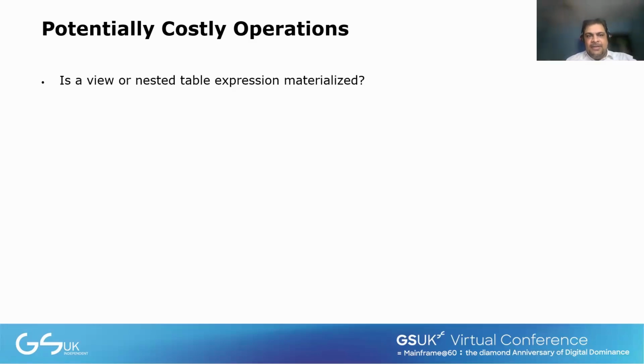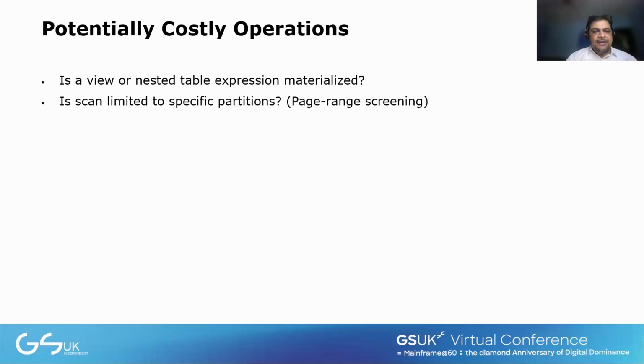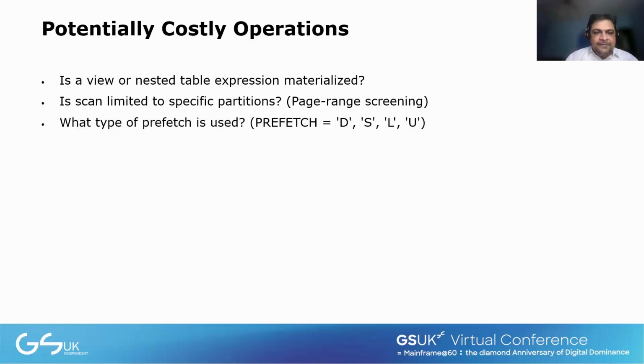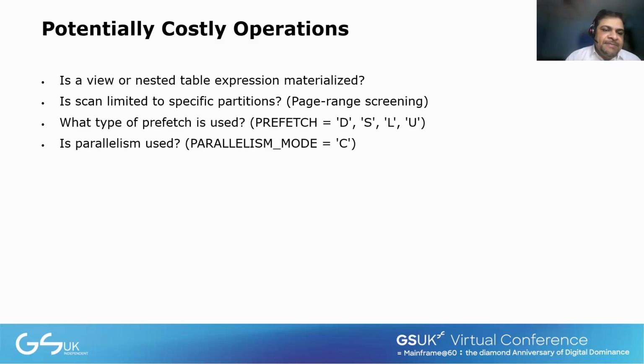It is an extra overhead, so not so good. How is the scan happening? Is it on the whole table space, or on specific partitions? That makes a difference to the cost. What type of prefetch is used: dynamic, sequential, list?